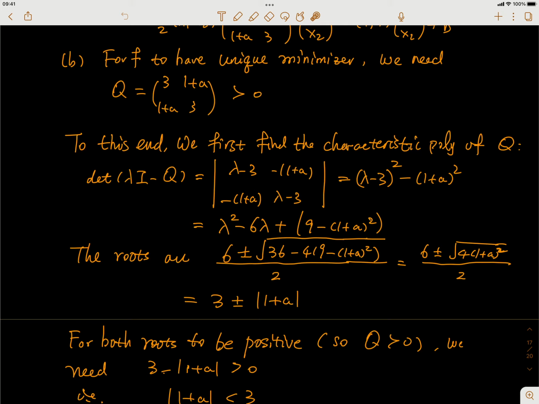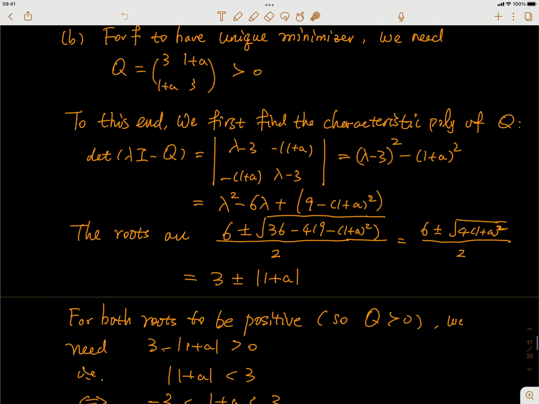So that is the closed form. Just negative of negative 6 plus minus the square root of negative 6 squared minus 4 times this, and the denominator should be 2.